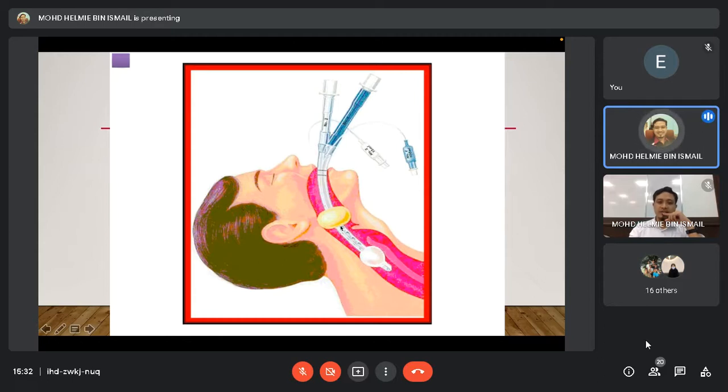If you intubate and insert it into the trachea, when you insert this combi tube into the trachea, the function is as usual, just like a simple ETT.